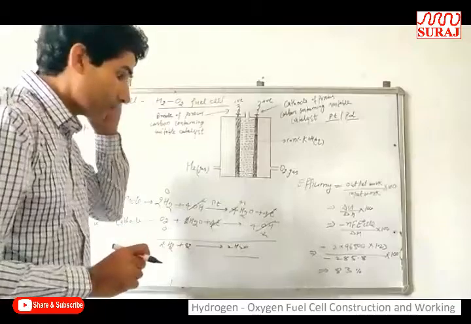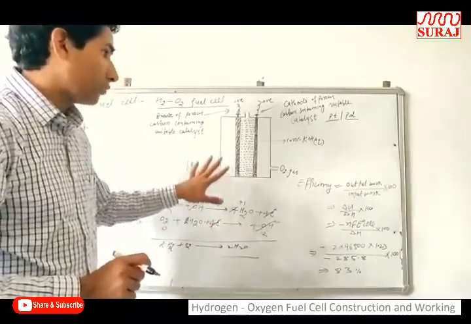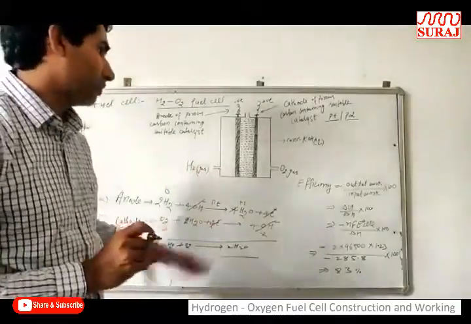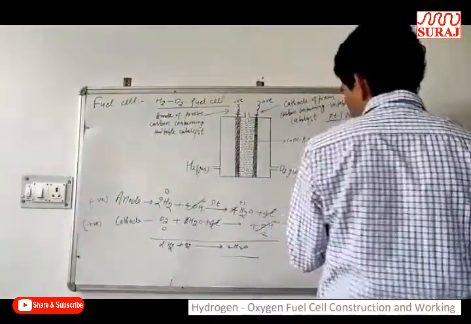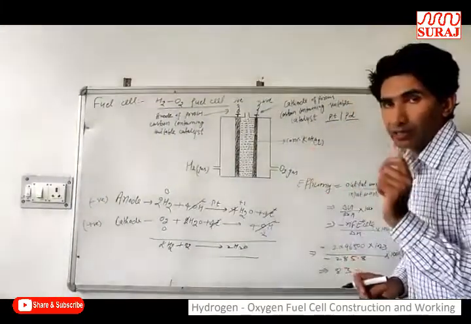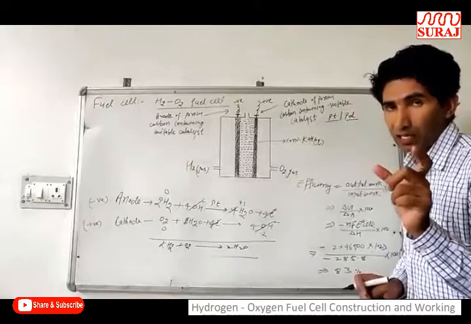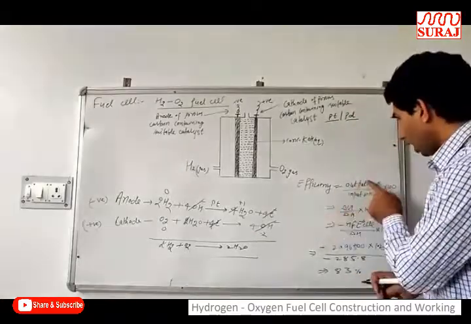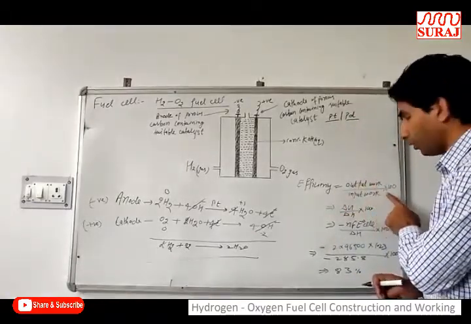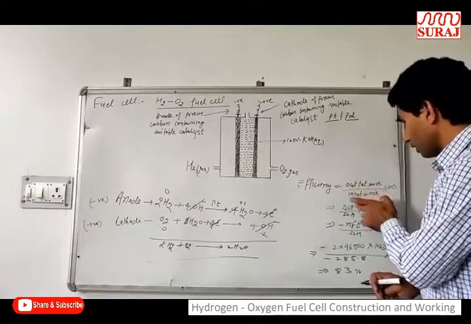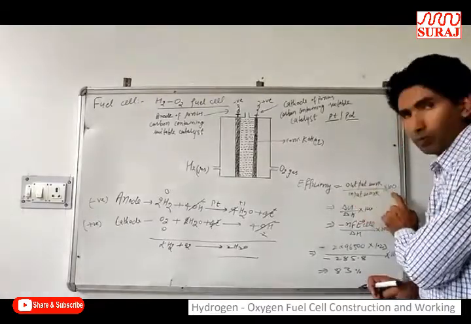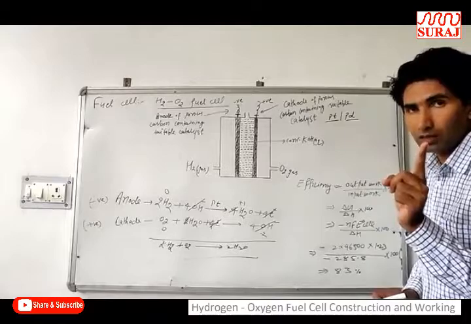Now, what is the advantage of this cell? We will see here. We know the efficiency of any machine or engine is output upon input into 100, output work upon input work into 100. Clear?